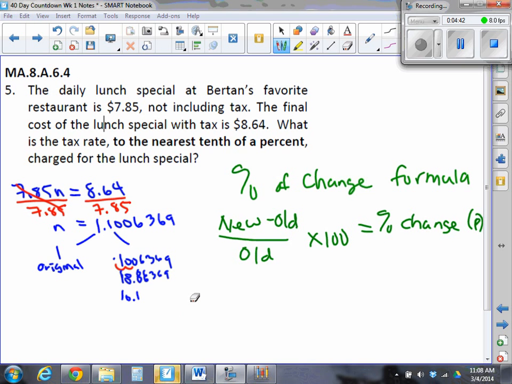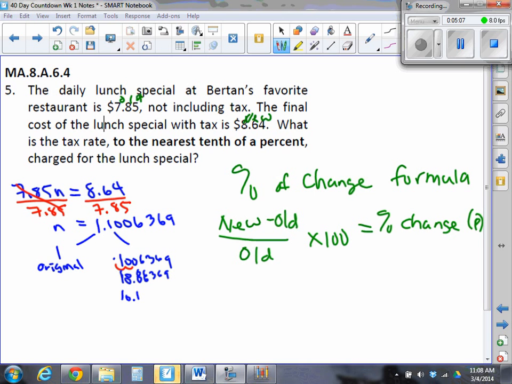All right, so now your only real task is to identify what is the new amount and what is the old amount. Well, if you're going to eventually pay $8.64, then that must be the new amount. And the original amount, or the old, will be $7.85 because you're no longer paying that amount.